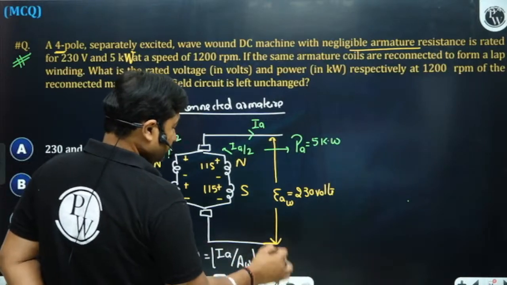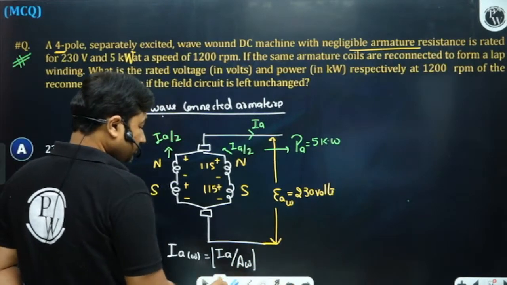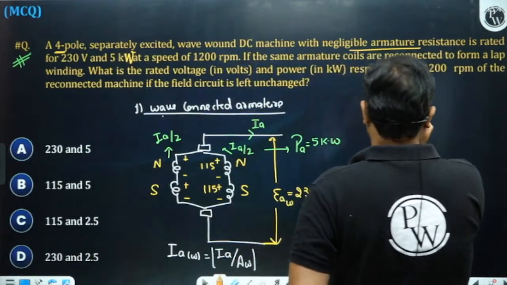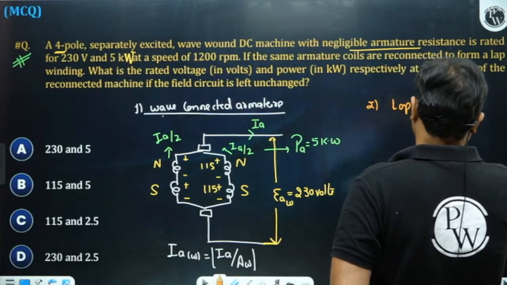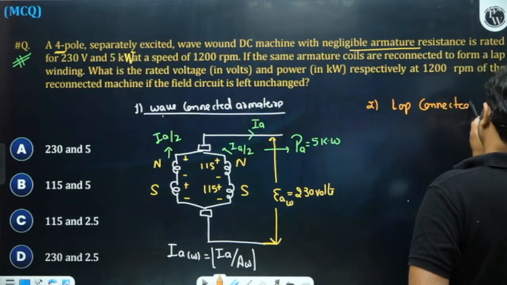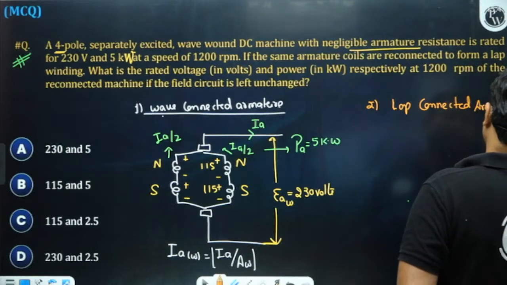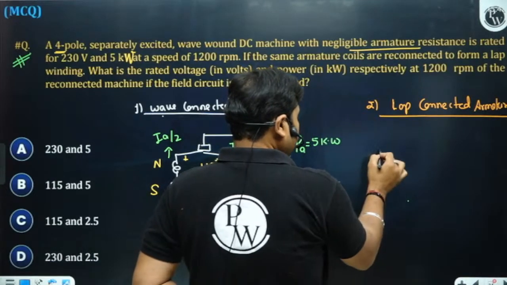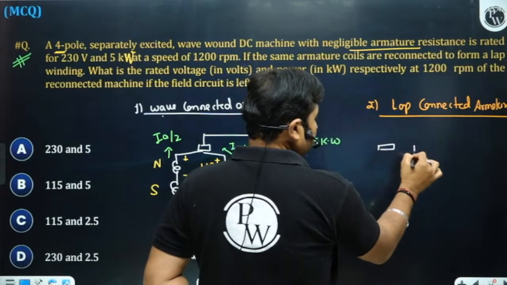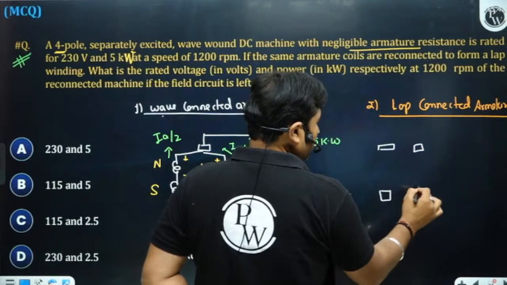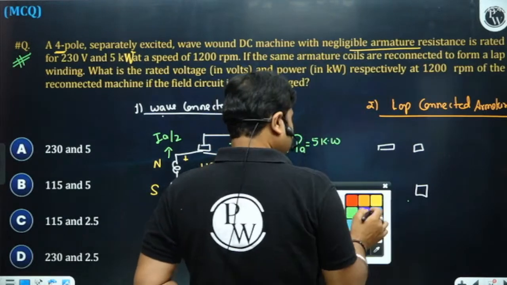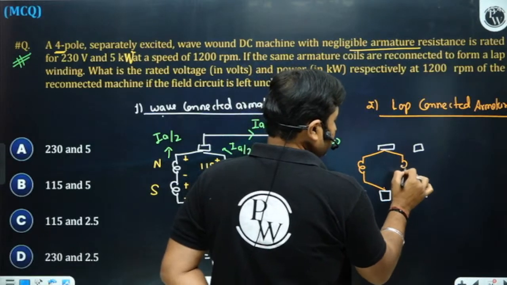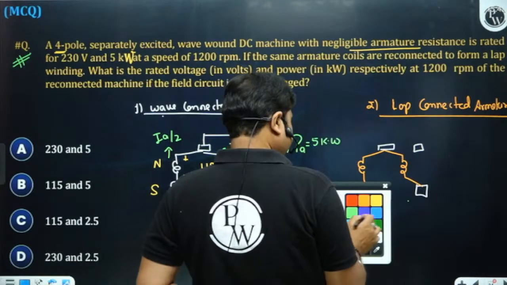And when the same machine is connected as lap, in a lap connected armature the number of parallel paths is equal to the number of poles.